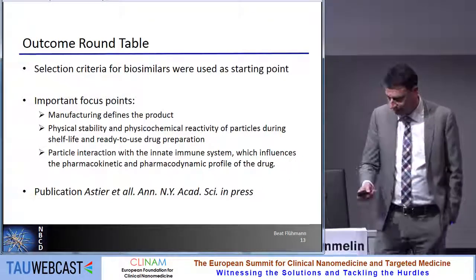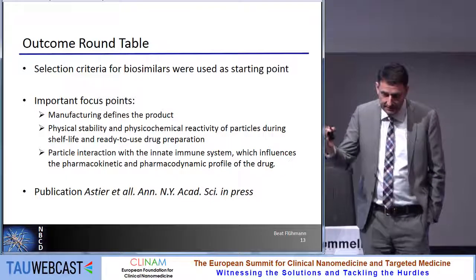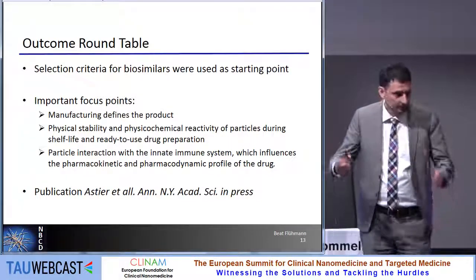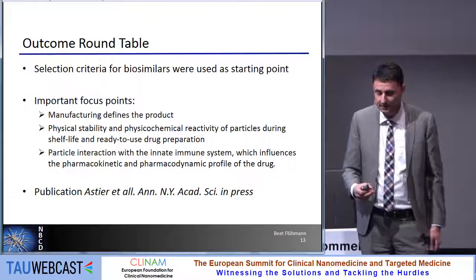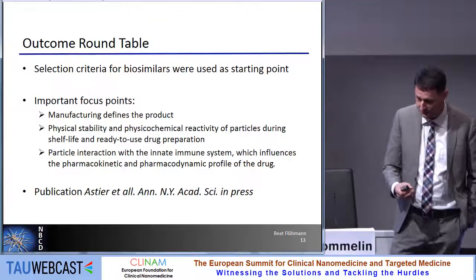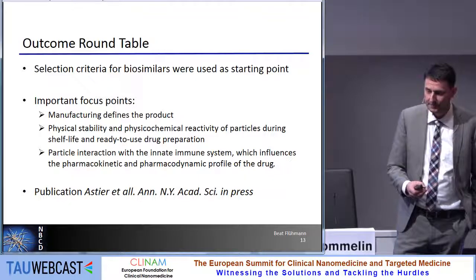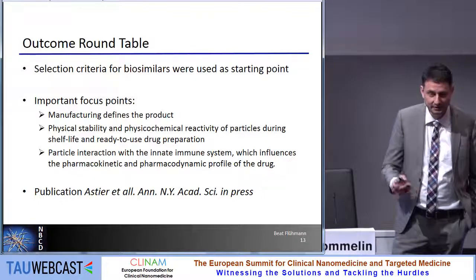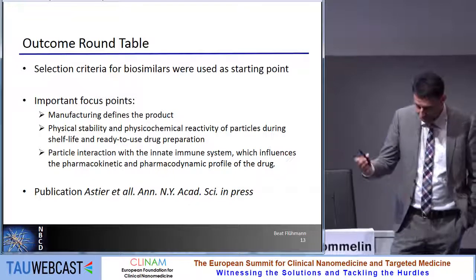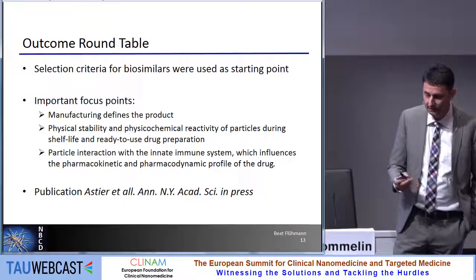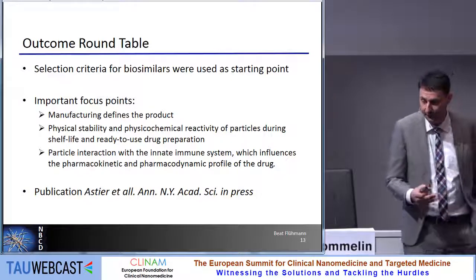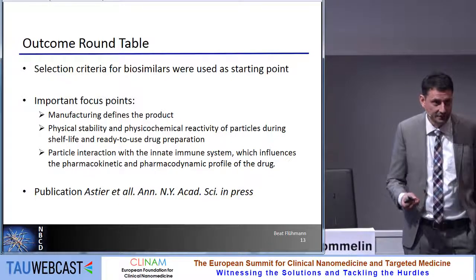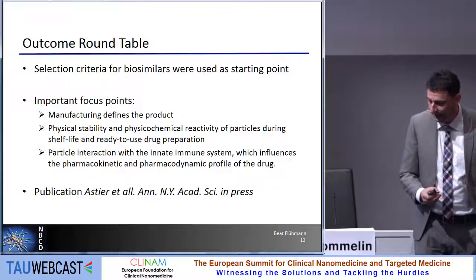Based on that, we had the outcome, the selection criteria. Based on the biosimilars criteria, we extended that with the necessary things for nanosimilars. The important focus points there were that the manufacturing defines the product, and the physical stability and physicochemical reactivity of particles during shelf life and ready-to-use drug preparations are key things to look at.